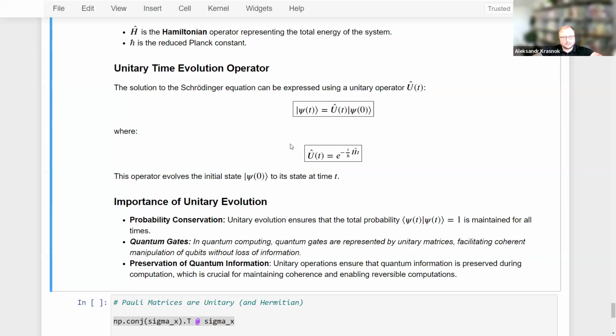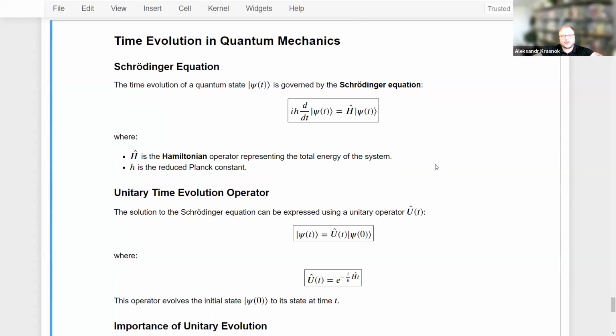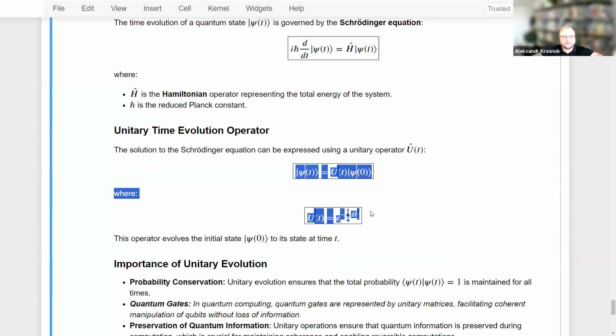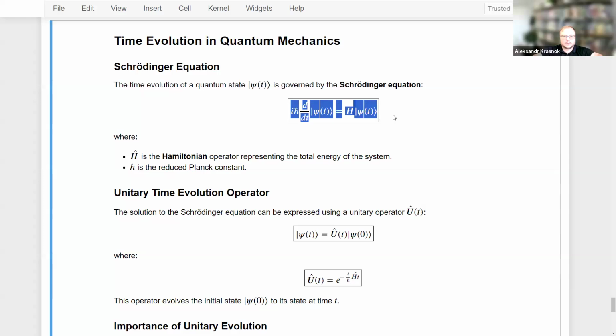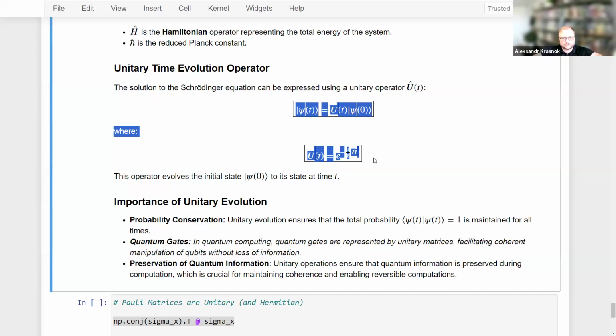These two equations are nothing but the Schrödinger equation, just rewritten in a different way. From these two equations you can easily restore the Schrödinger equation. So it's a Schrödinger equation written in an operator way.